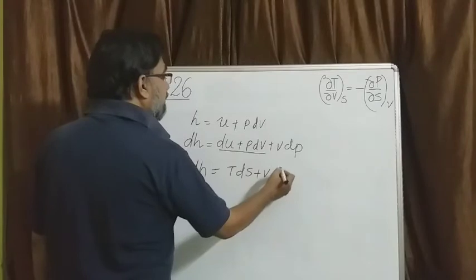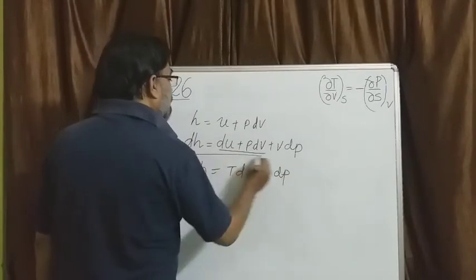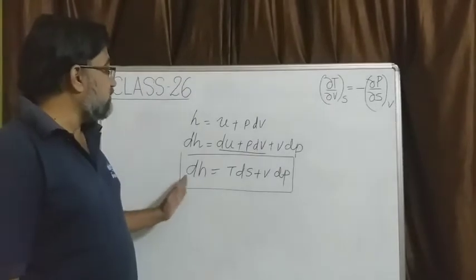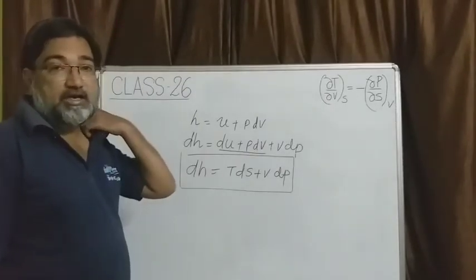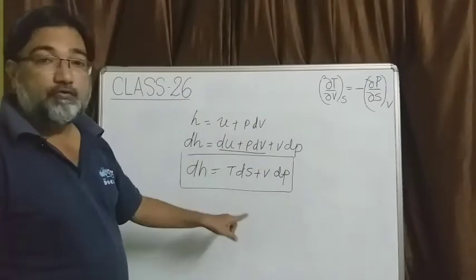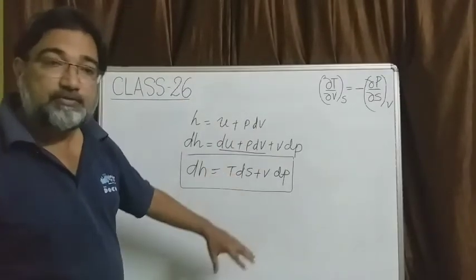plus VdP. Now look at this expression. Again, does it not look like dz is equal to M dx plus N dy? It looks like that. So you can write a similar expression for this, which will be derived from this.